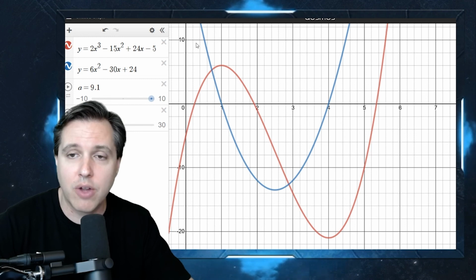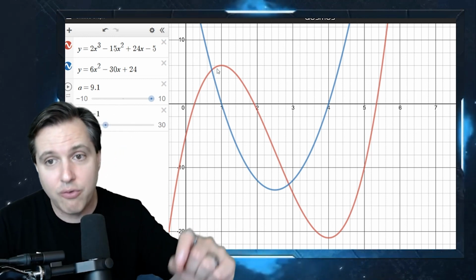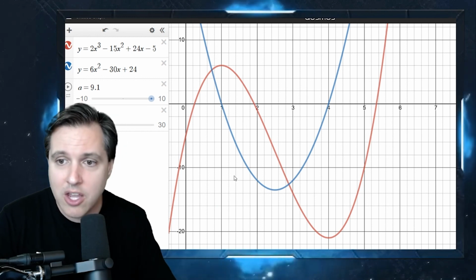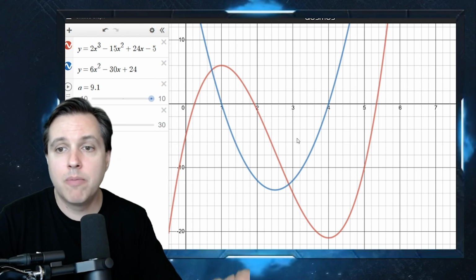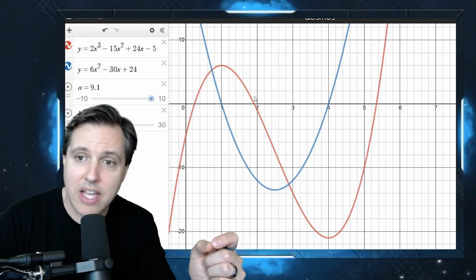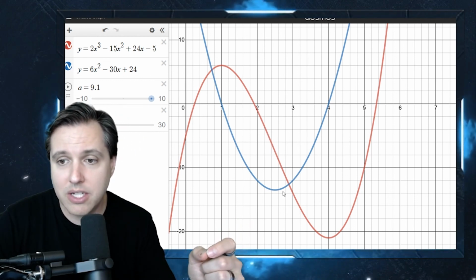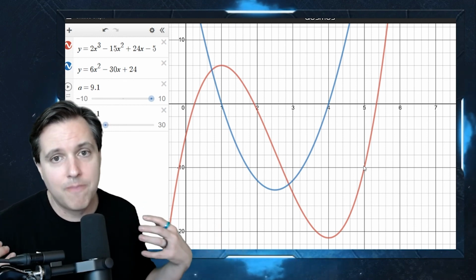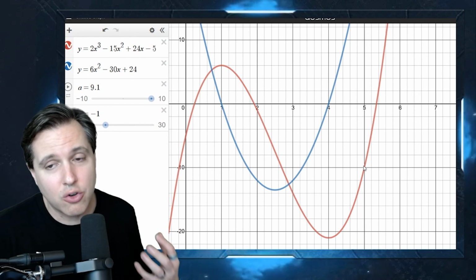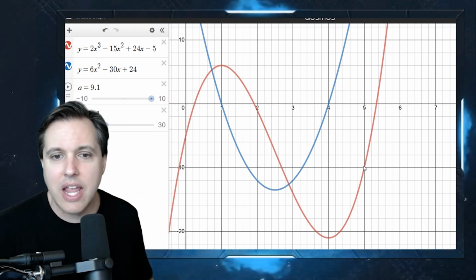You're looking at the derivative and going, oh, here I'm positive, so this part of the graph for the original function should be increasing. Here my derivative is negative, so my original function should be decreasing, right? You can put all this together, and it makes the algebra and the calculus a whole lot easier to work through if you already understand what's happening.